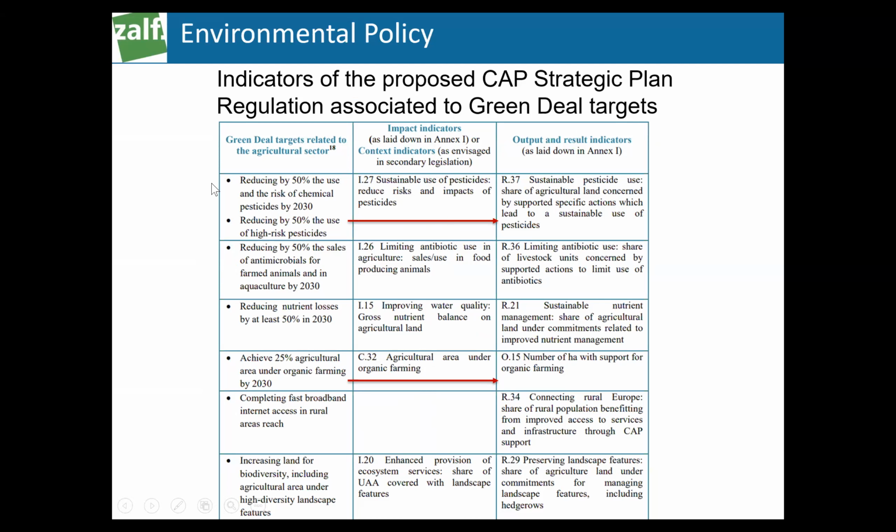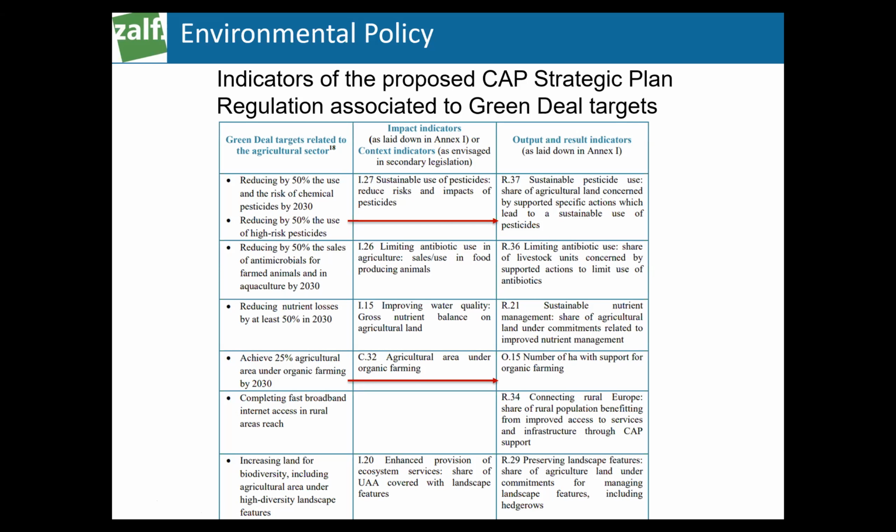Give you just one example: reducing by 50% the use and risk of chemical pesticides. The output indicator would be sustainable pesticide use, share of agricultural land concerned by supported specific actions which lead to a sustainable use of pesticides. This is now to make the Green Deal, the overall deal, fit with the Common Agriculture Policy, to harmonize both.